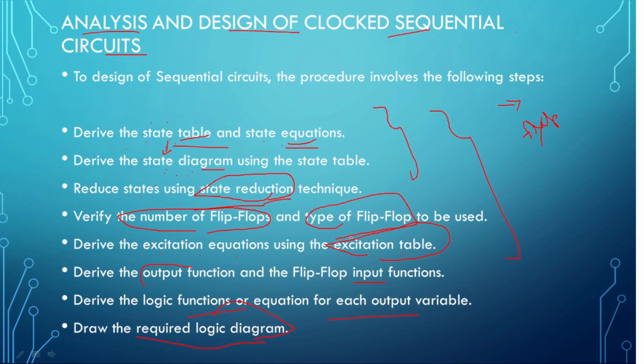They will give you an excitation table and ask you to derive the excitation equation of that table. And sometimes they will give you the state diagram, and you need to draw the state table of this state diagram. In upcoming videos, I will teach all those topics which are important from your exam point of view.